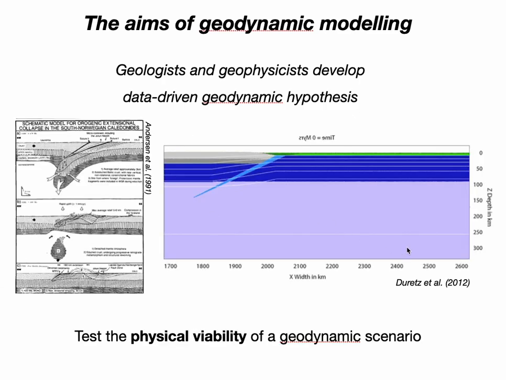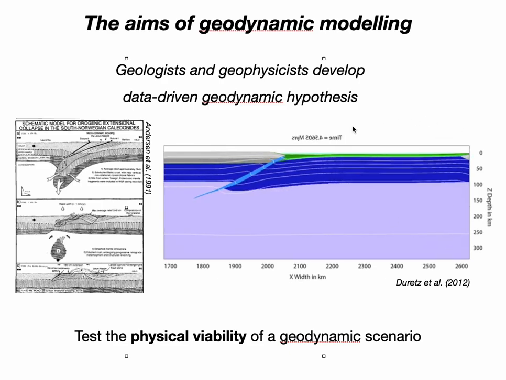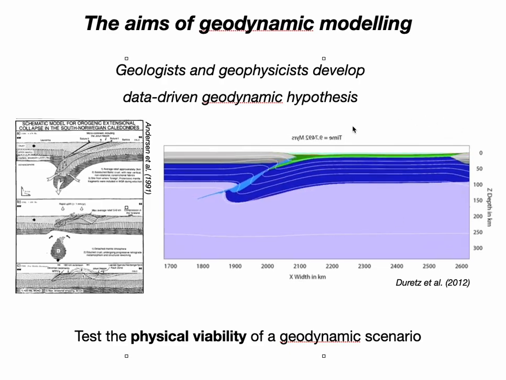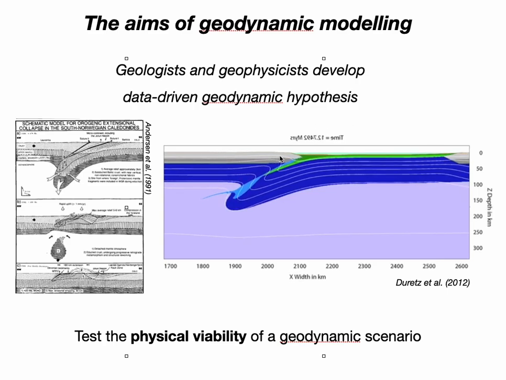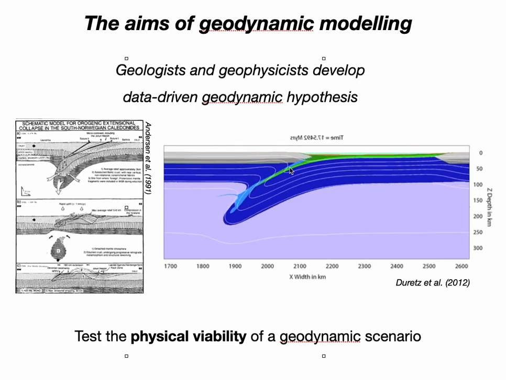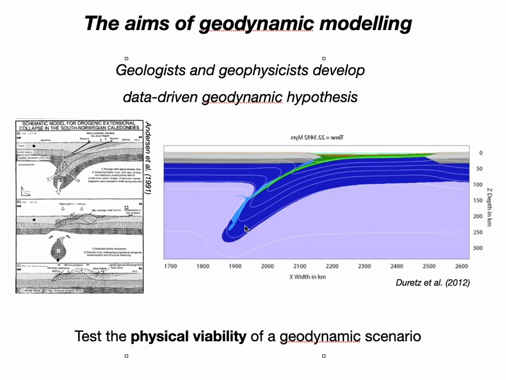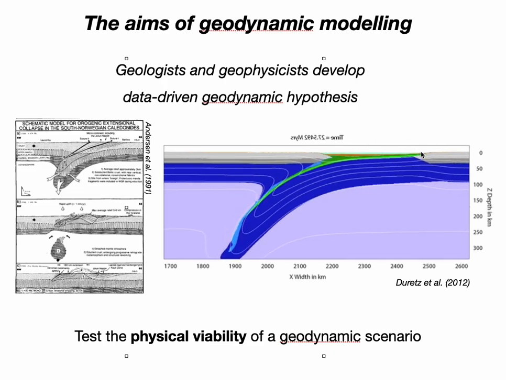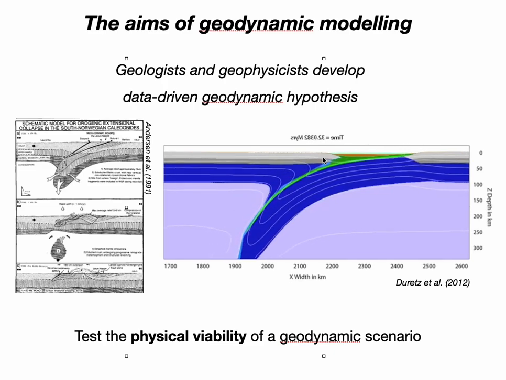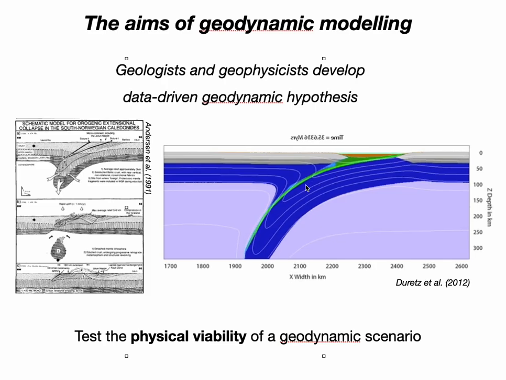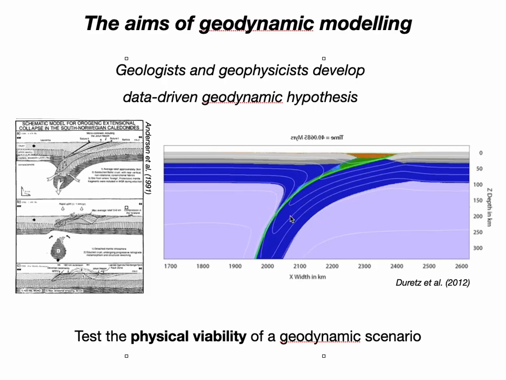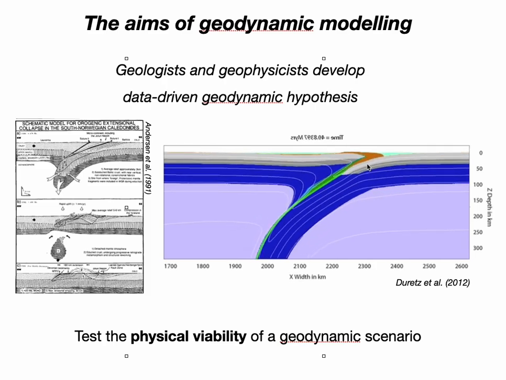This is something we did in 2012, where we actually ran a numerical model to test this hypothesis. You have two continents coming close to each other. You have a subduction zone here. In a few million years, there's going to be a collision between these two plates. You see that this oceanic subduction is getting steeper and steeper.